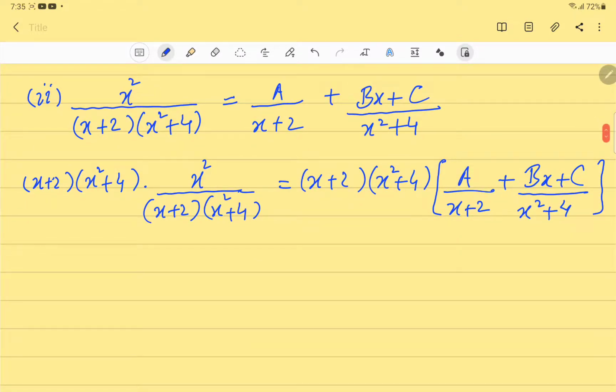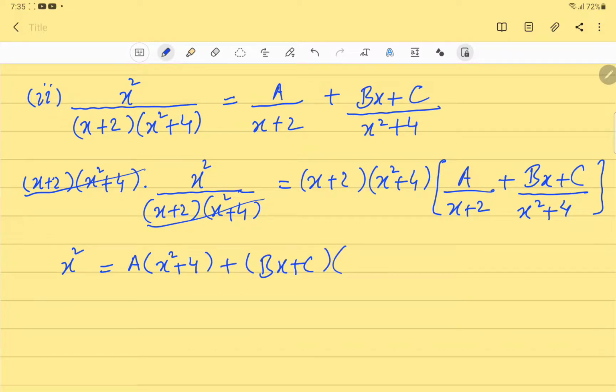Okay, this one cancels with this one, and we are left with x squared is equal to, we'll multiply x plus 2 into x squared plus 4 with both the terms inside the bracket one by one. By doing so, we are getting a into x squared plus 4 plus bx plus c into x plus 2, and we will call this equation number 1.